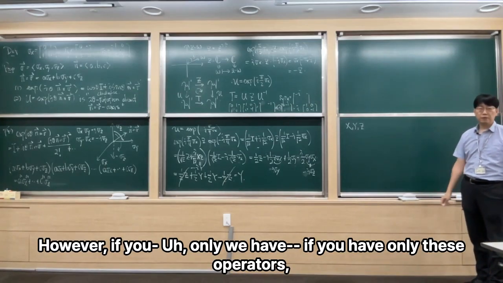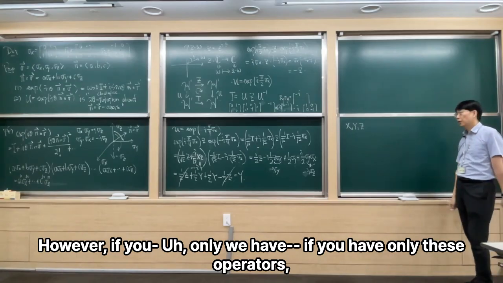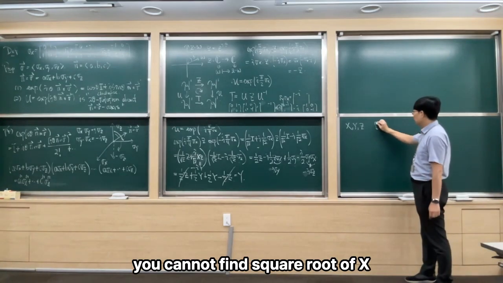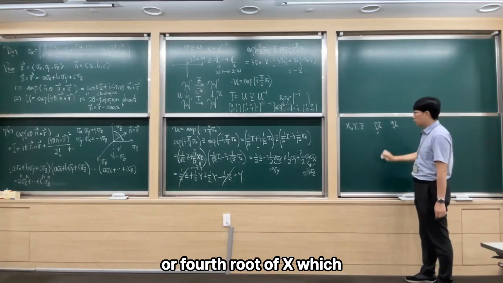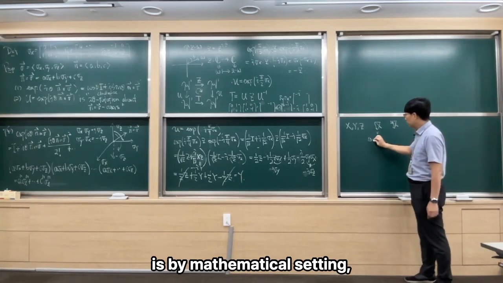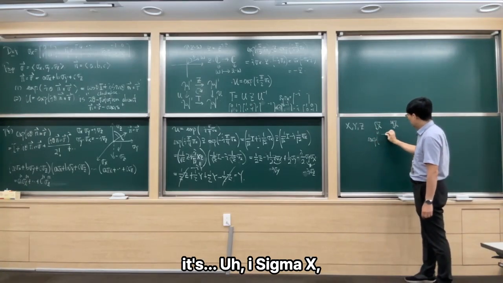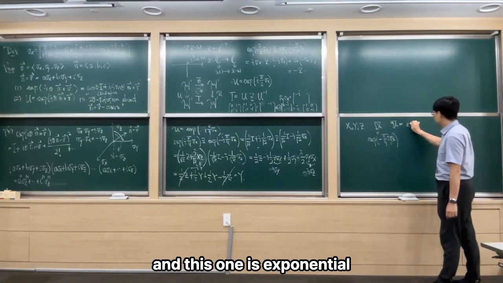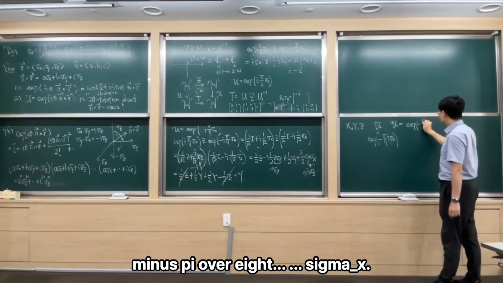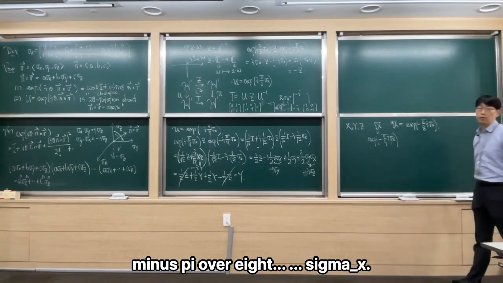However, if you have only these operators, you cannot find the square root of X or the fourth root of X, which, in the mathematical setting, is I sigma X, and this one is exponential minus pi over 8 sigma X.